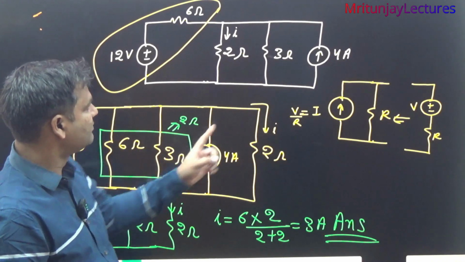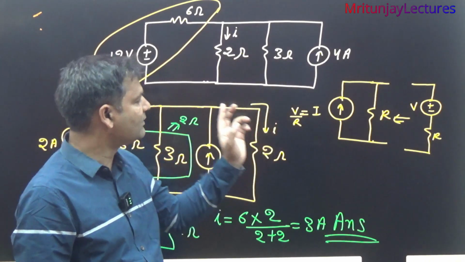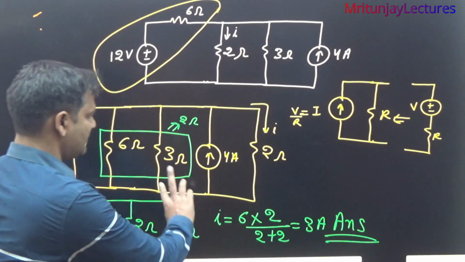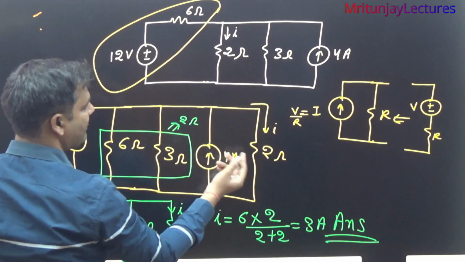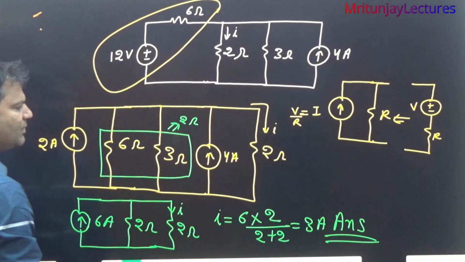And that was 3 ohm and that is 4 ampere and 2 ohm. Reshuffle, or you can say this one connect here, interchange, okay, reshuffling, this one connect here and that one connect here because of the parallel circuit.